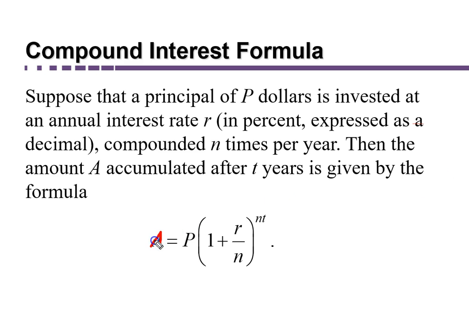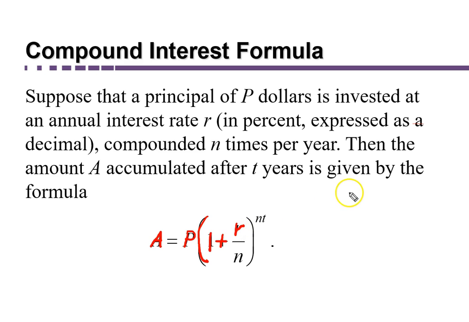The A stands for the future amount that you will have. P is the amount of principal, and you'll see some examples very shortly. And then in a big parenthesis, we have a 1 plus a rate.